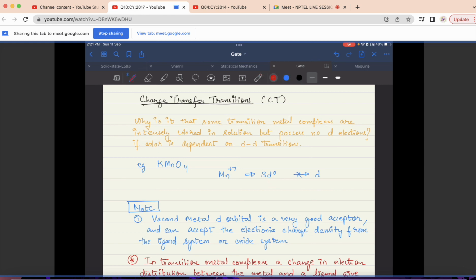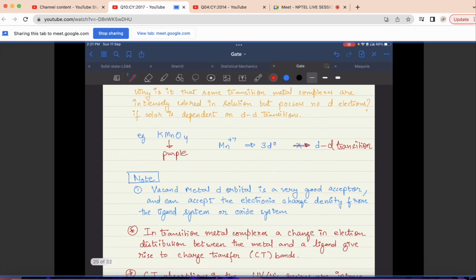So it rules out the possibility of dd transition happening here. But instead of that, it still shows an intense color, KMnO4, like purple.